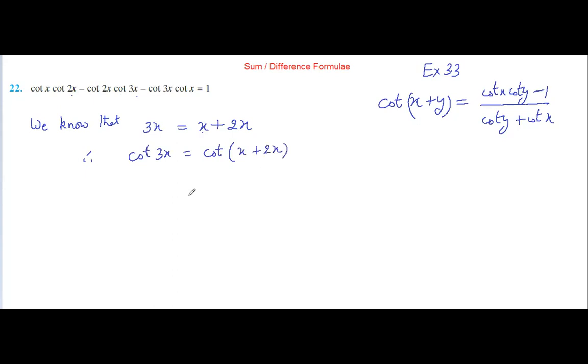Now we apply the cot (x plus y) formula here: cot 3x equals (cot x into cot 2x minus 1) divided by (cot 2x plus cot x).